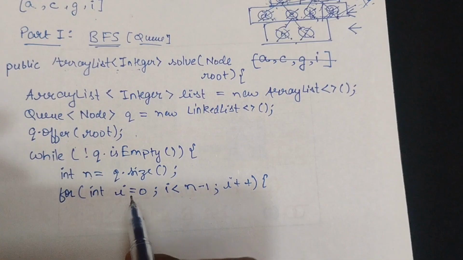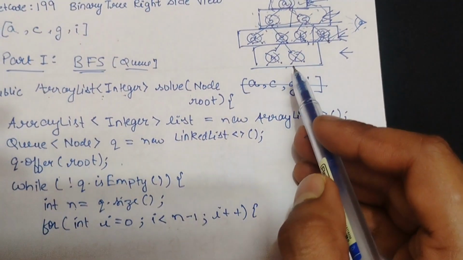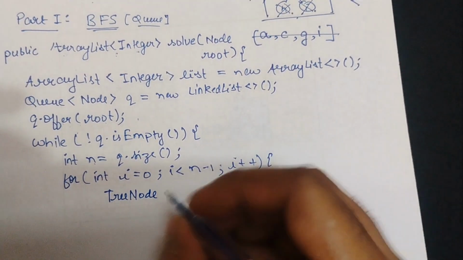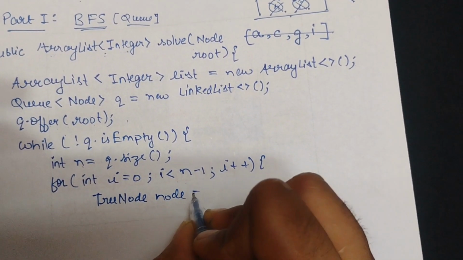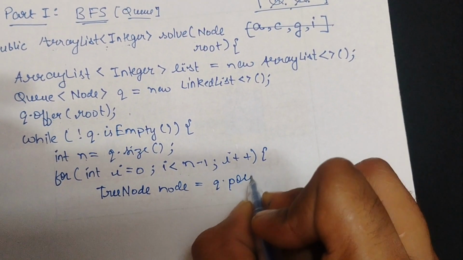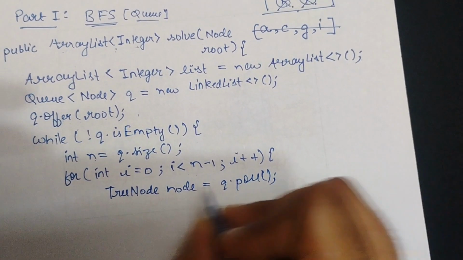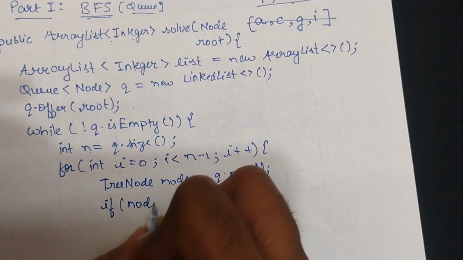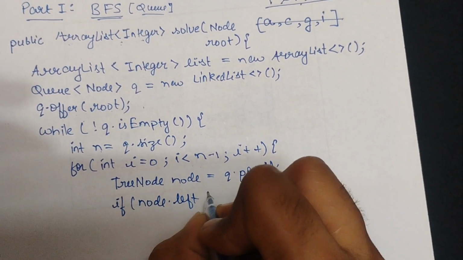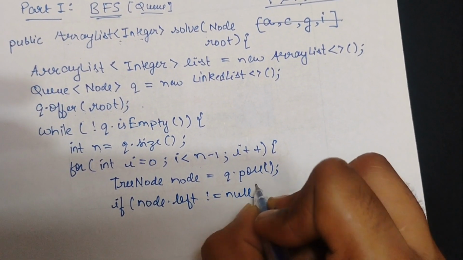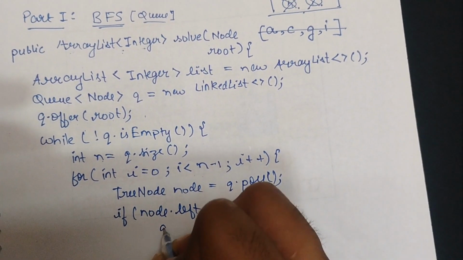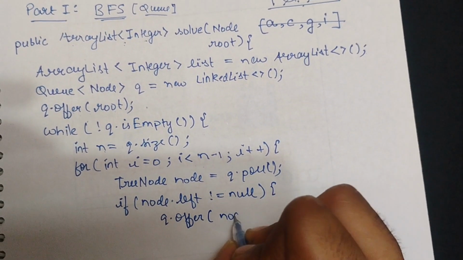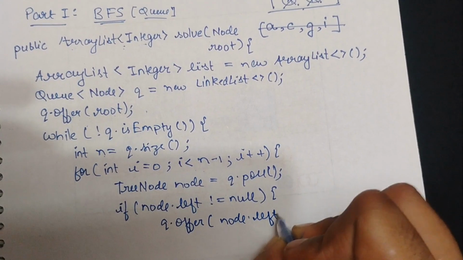So if we are traversing till n minus 1, we will simply poll, that is we'll pop out the node from the queue. Then we'll check if it has a left child: if node dot left is not equals to null, then queue dot offer, that means add it in the queue, node dot left.